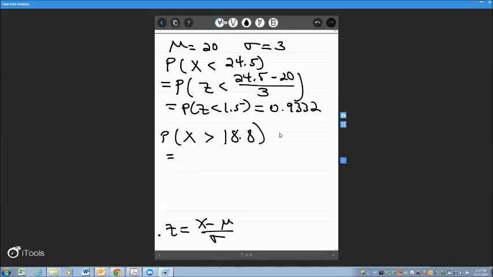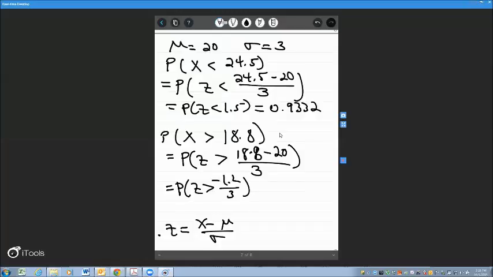In a similar fashion, I could do the one with greater than. I have to first convert it to a z-score by taking away the mean and dividing by the standard deviation, which is the probability that z is bigger than minus 1.2 over 3, which is the probability that z is bigger than minus 0.4.